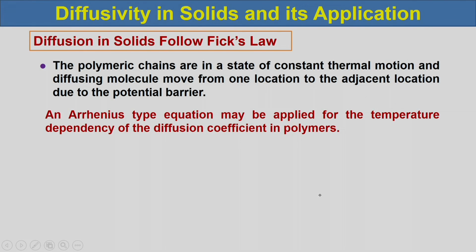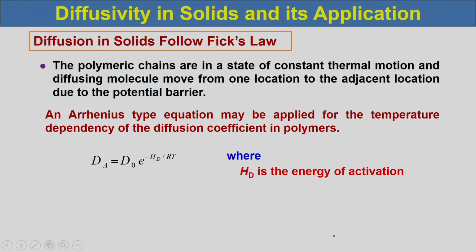An Arrhenius type equation may be applied for the temperature dependency of the diffusion coefficient in polymers. So, this is the relation of the diffusion coefficient, an Arrhenius type relation, where we can write D_A equal to D_0 e^(−H_d/RT). Here H_d is the energy of activation, D_0 is a constant, R is the universal gas constant and T is the temperature.